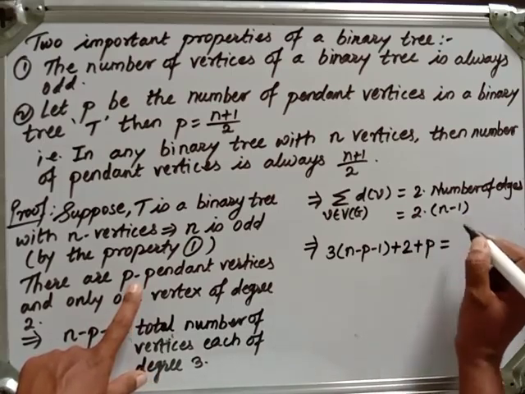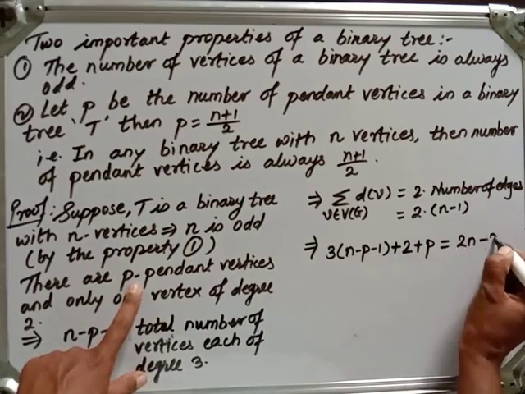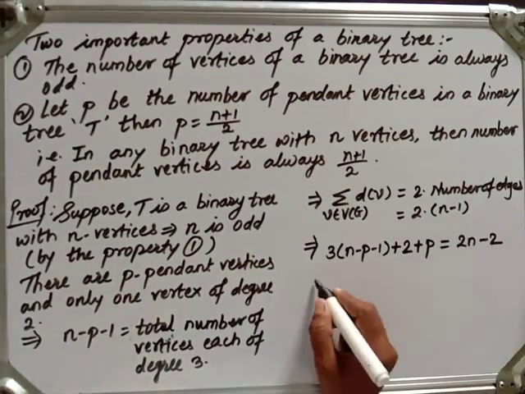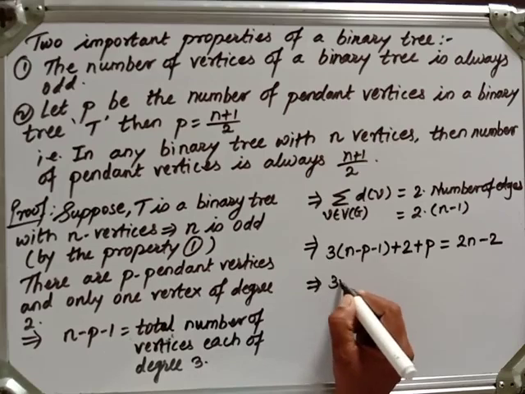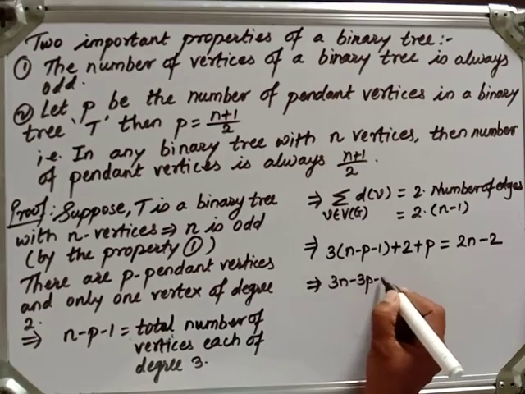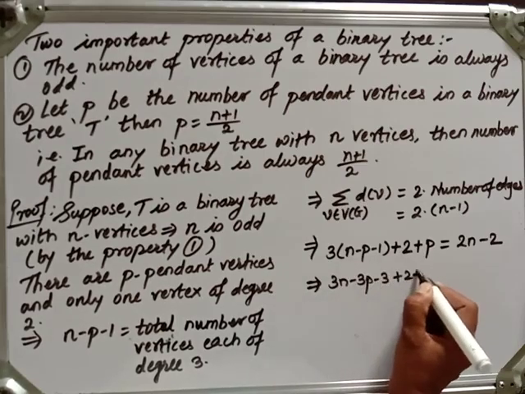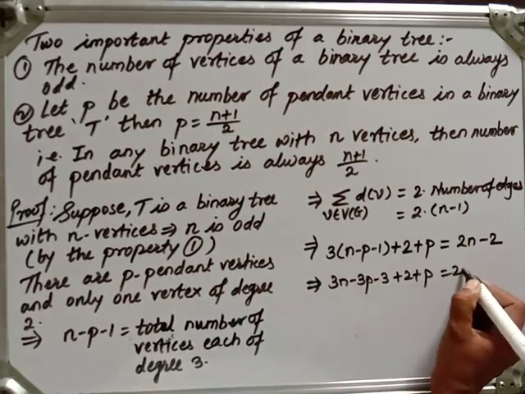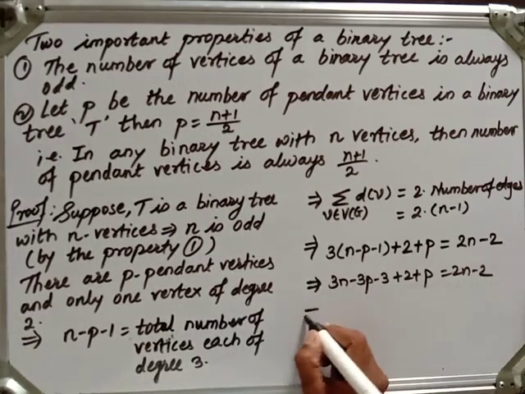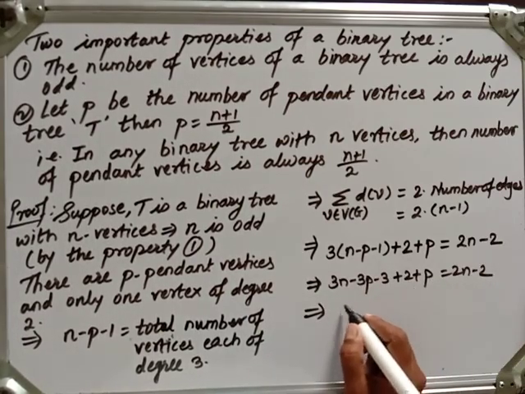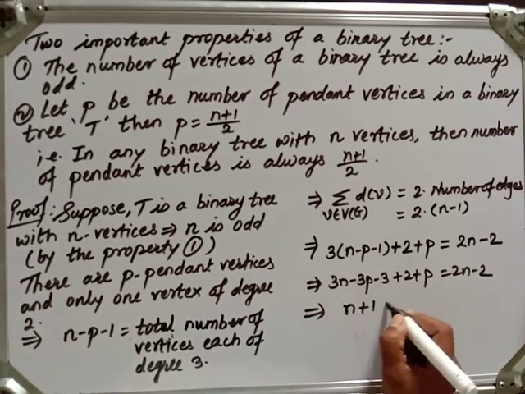That is equal to 2n minus 2. Simplifying it, what do we get? 3n minus 3p minus 3 plus 2 plus p equals 2n minus 2. So this will be n plus 1 equal to how much?